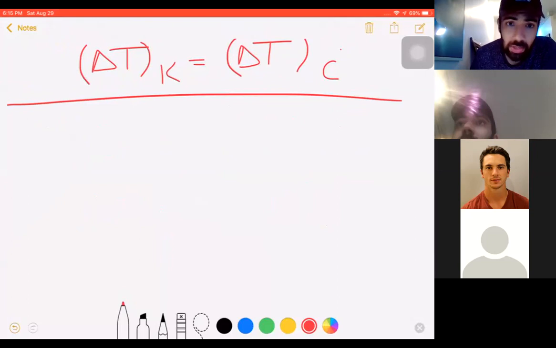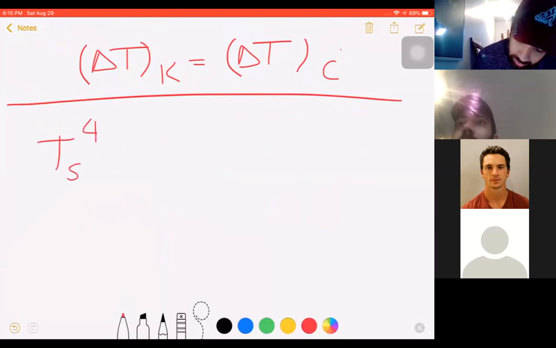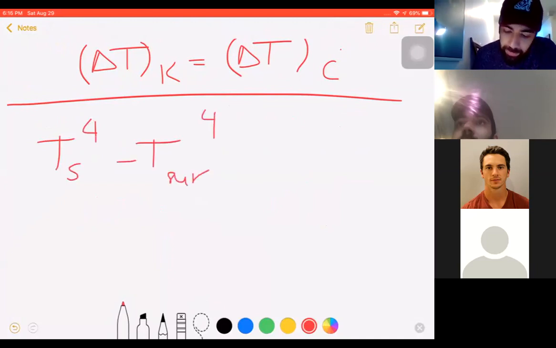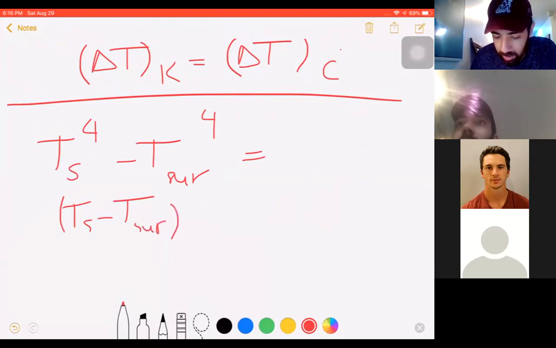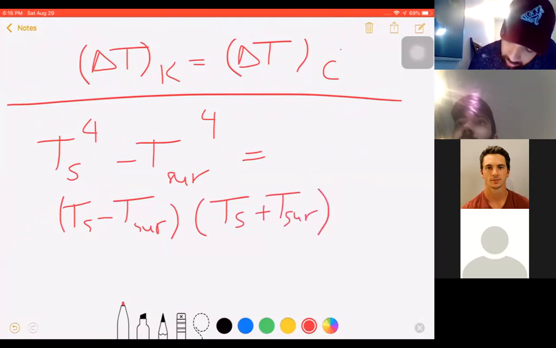But when we have radiation, it is Ts to the power of 4 minus T of surrounding to the power of 4. And here we can change it to Ts minus T surrounding, times Ts plus T surrounding, times Ts to the power of 2 plus T of surrounding to the power of 2.